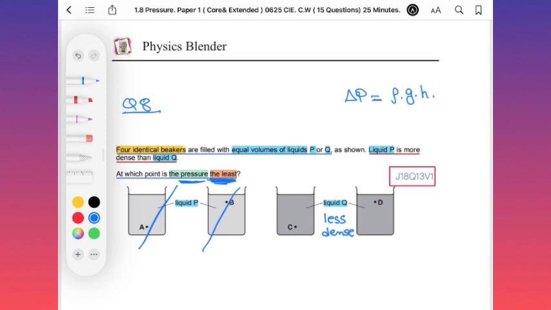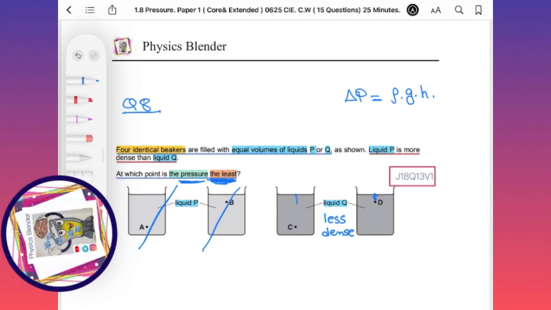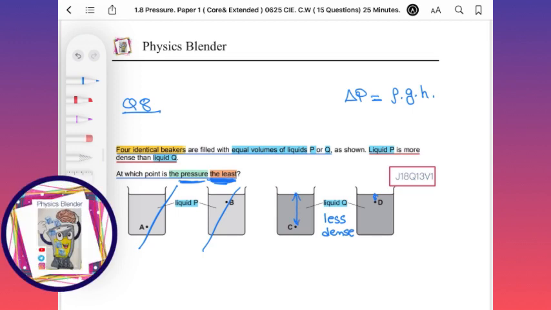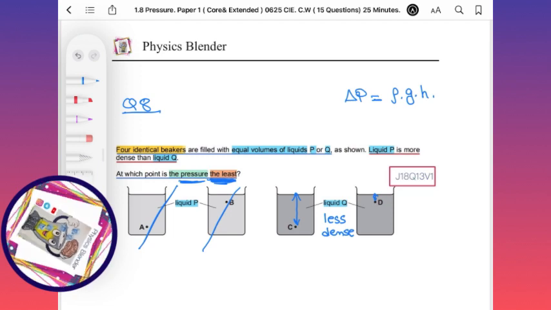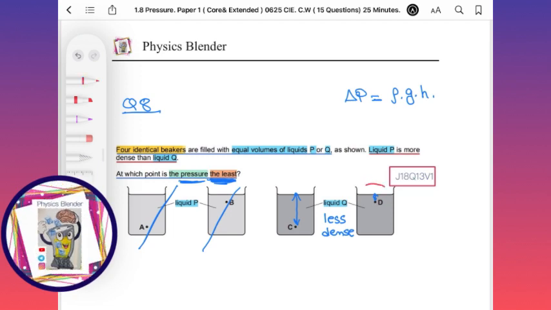The shallower one, the one which is located at smaller or shallow depth, which is D. So here D is shallower than C. So your correct answer is D. Again, why?